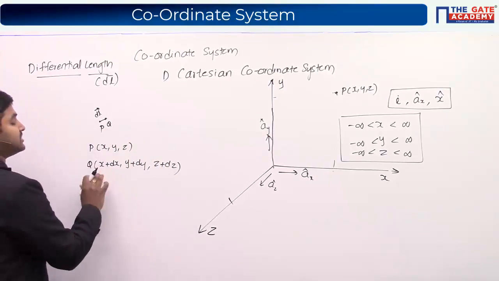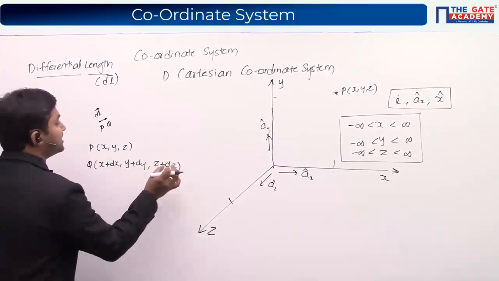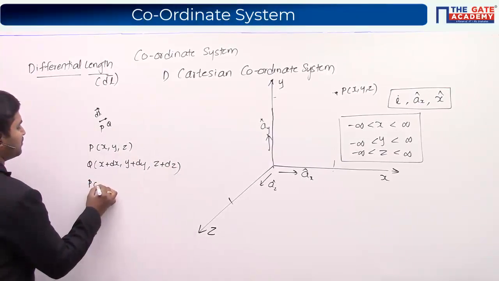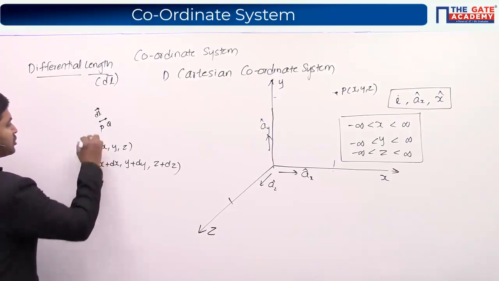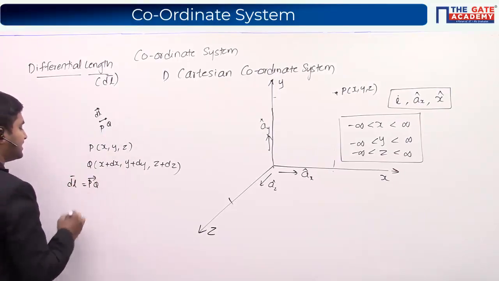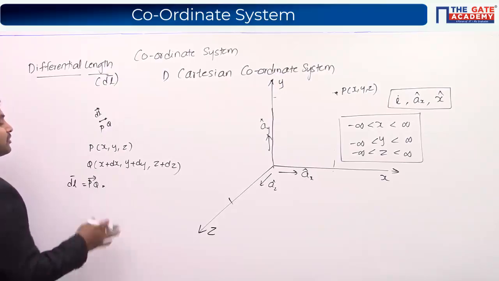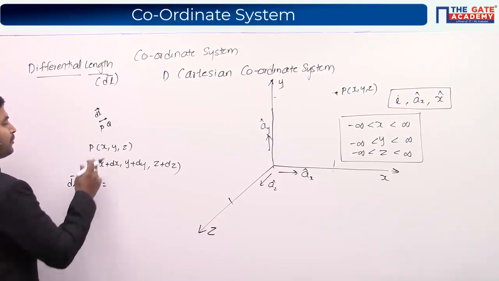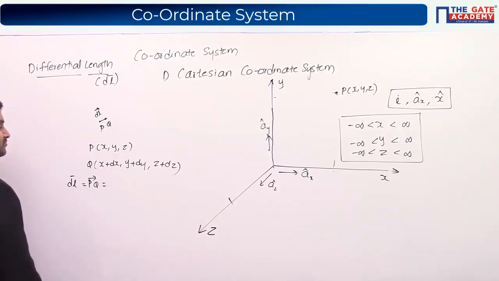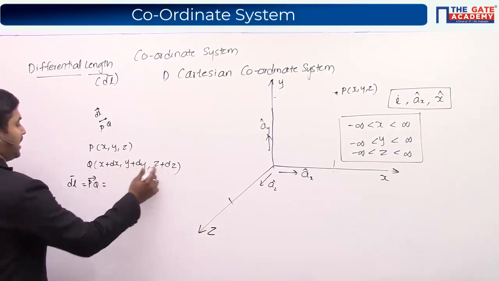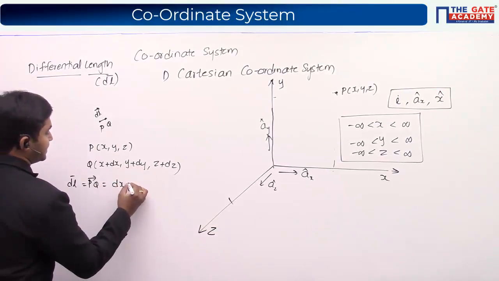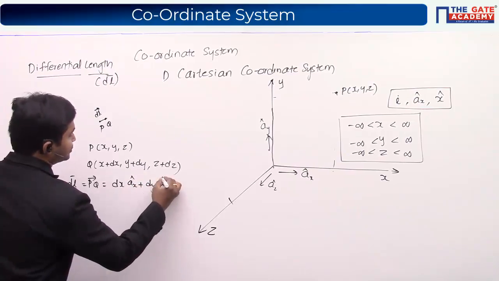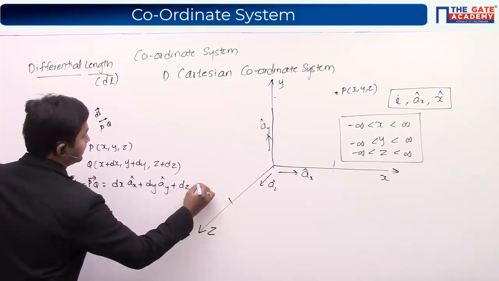Then PQ bar is given by what? The PQ bar is what we are calling the differential length, dL bar. Can you please tell me from the concept of the distance vector, when you are moving from the point P to point Q, I can write it as dx in the x direction, dy in the y direction, dz in the z direction.